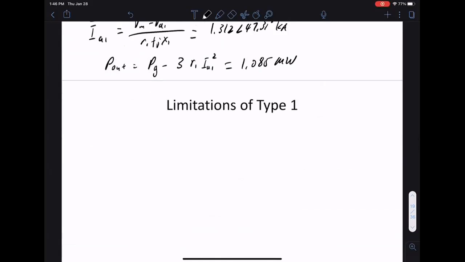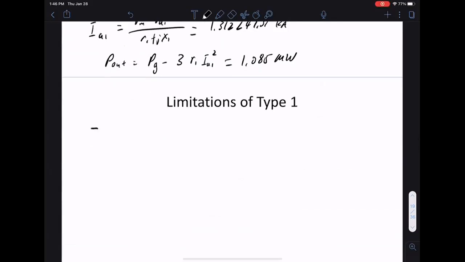The advantages of type 1 are that it is very cheap and very easy to construct. The drawbacks, the three big ones, are these. First, it needs outside flux, so it needs something else to provide the synchronous speed.